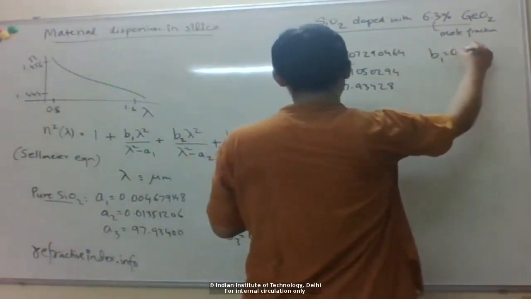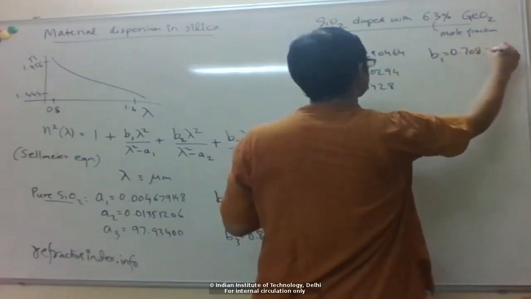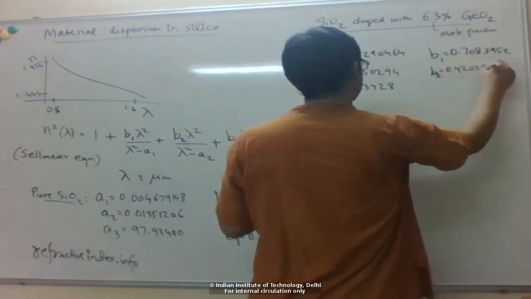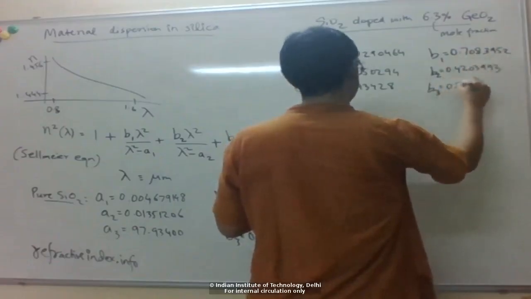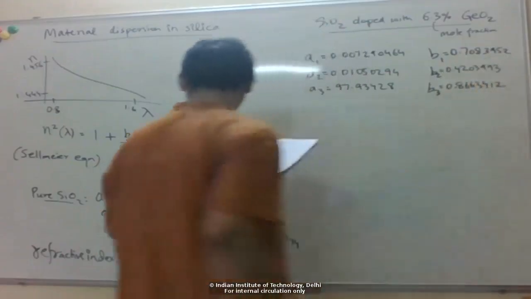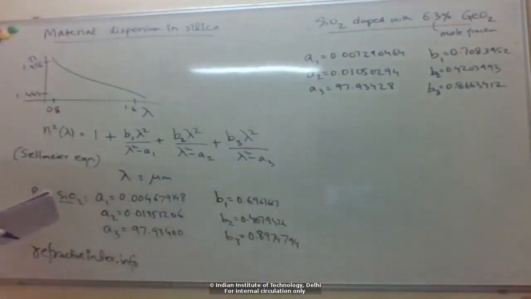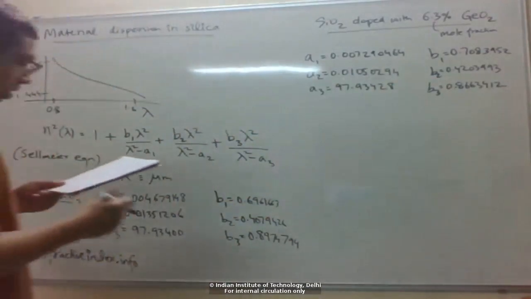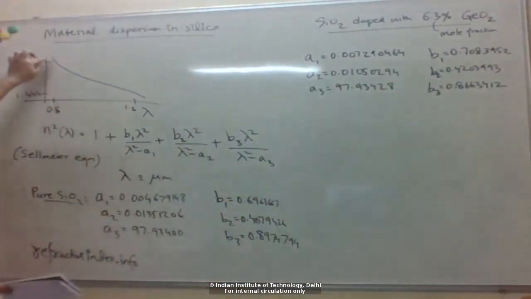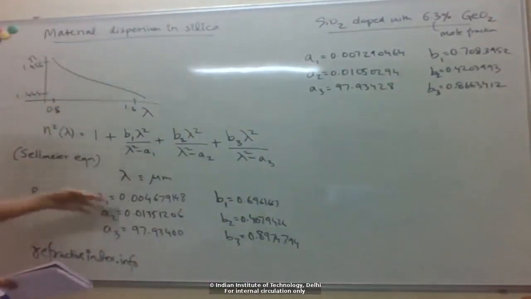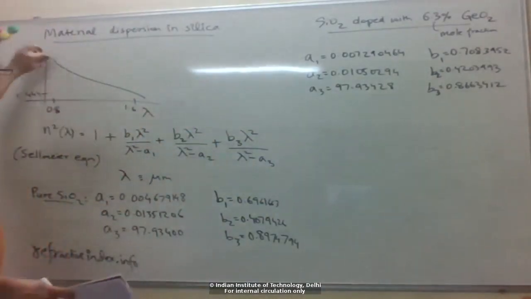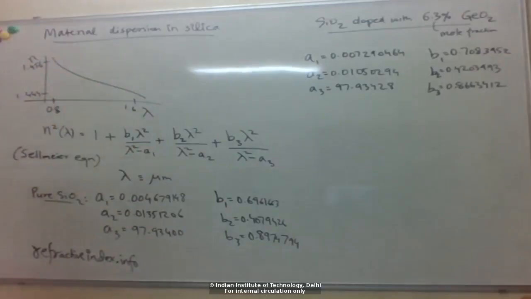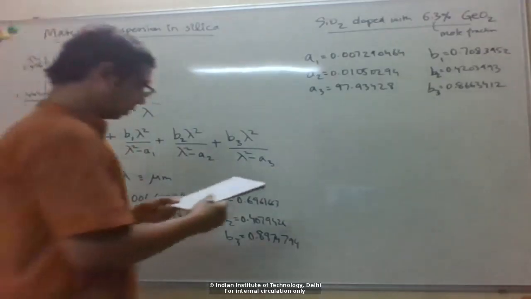Similarly, B. Again, the B's have changed slightly, you can see. So that means this curve would have changed very, very slightly. But if you plot these two curves on this n versus lambda, you might not even see the change on this scale with the naked eye. But when you take the double derivative, the change shows up.